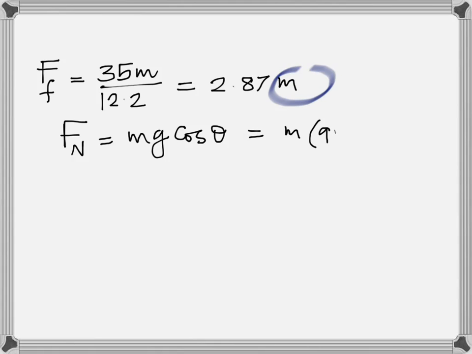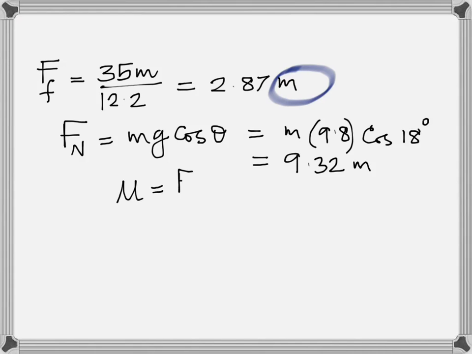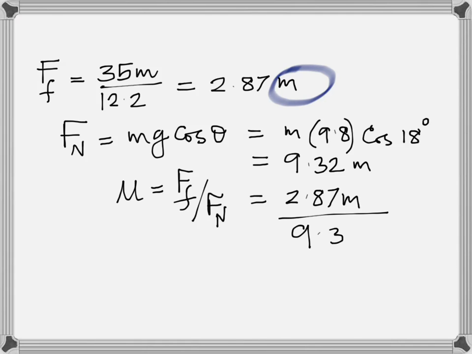Remember, this is not meter, it's just a mass, because mass was not given. And then we have to find the coefficient of friction, so the normal reaction is mg cos theta. Coefficient of friction is the frictional force divided by the normal reaction, and the masses cancel out. You get 0.31.